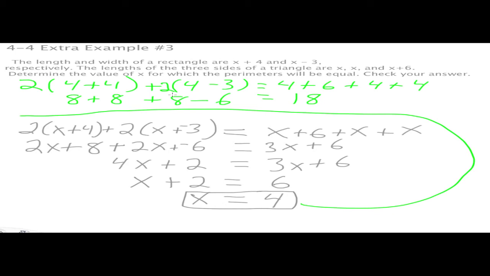Plus 8 more is 24. 24 minus 6 is 18, and I get that 18 equals 18. My equation checks.